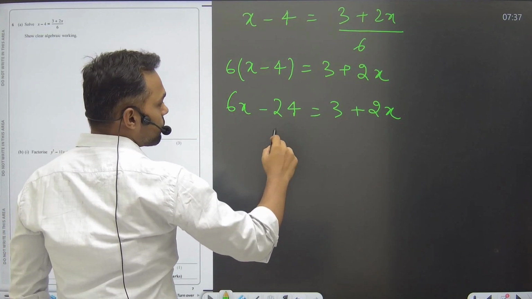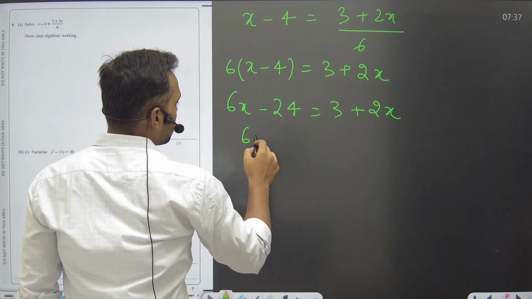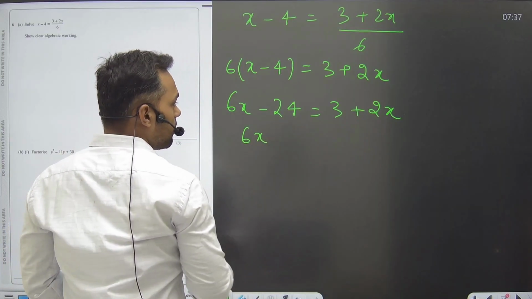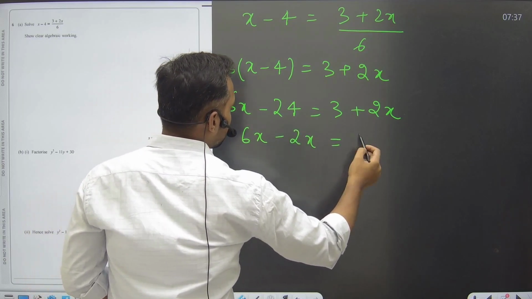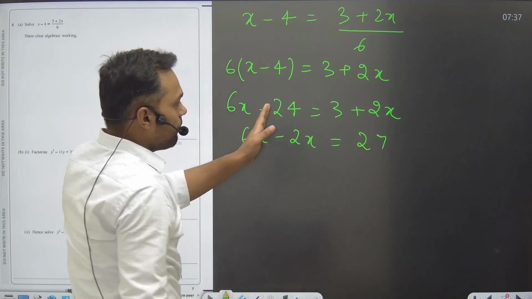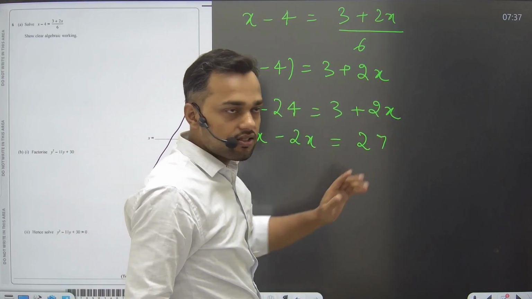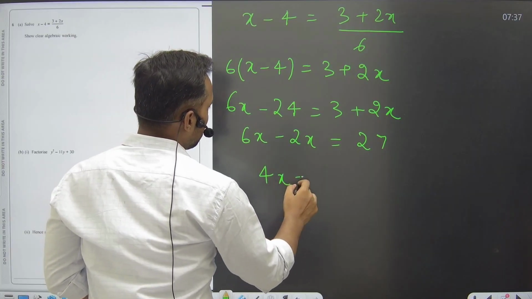You need to transpose 24 to the right hand side, and 2x to the left hand side, so it will be 6x minus 2x equals 27. We have transposed 24 to the right hand side, so 4x is equal to 27.